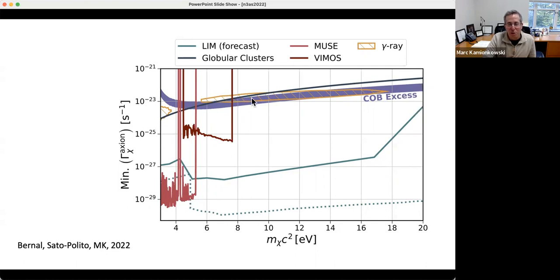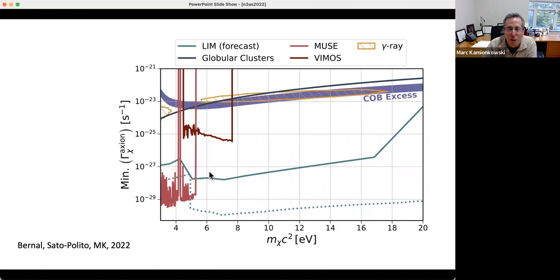It is also consistent with hints of a cosmic optical background excess from gamma ray attenuation measurements. But what we show here is that with SPHEREx, this is our forecast for what SPHEREx should be able to do with line intensity mapping in terms of the constraint.